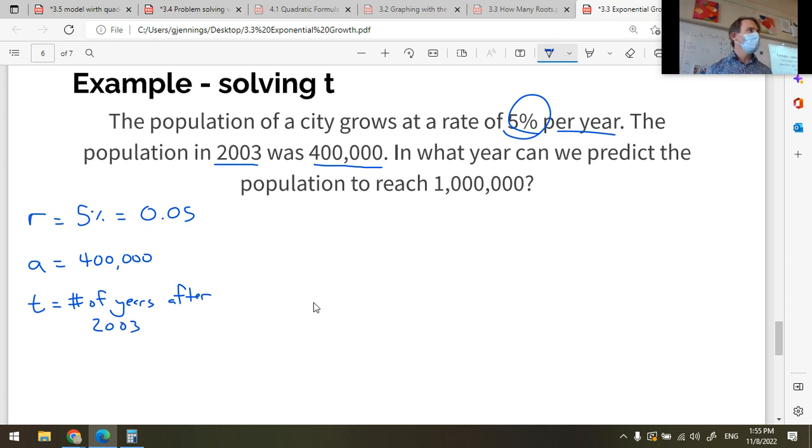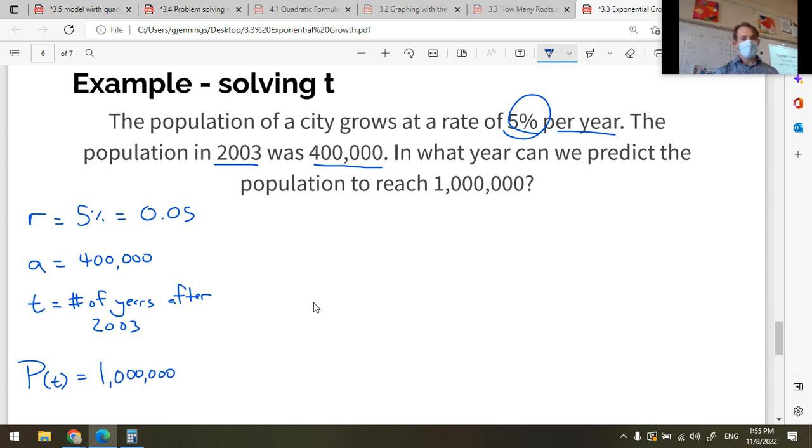Does that make sense? Yeah. So t at 0 is 2003. t at 1 will be 2004. Okay? And then I know that my population at some time of this city, because it's growing, and I know that these shapes will grow, y is only going to get bigger, is going to be reaching 1 million.